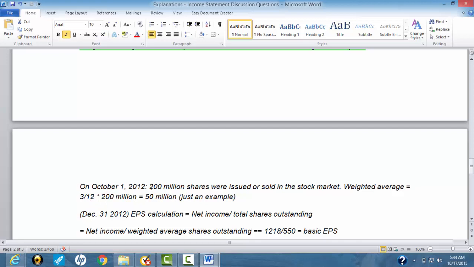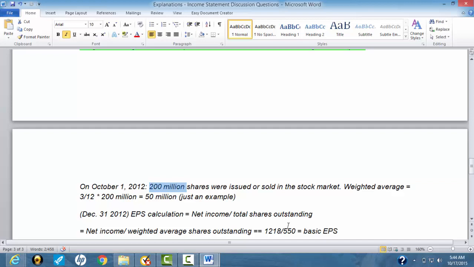And then on October 1, it issued or sold 200 million shares in the stock market. We cannot say that all the 200 million shares were outstanding for the entire year. So in calculating the EPS, we need to weight the 200 million shares. And that is why we have the concept of the weighted average common shares outstanding.